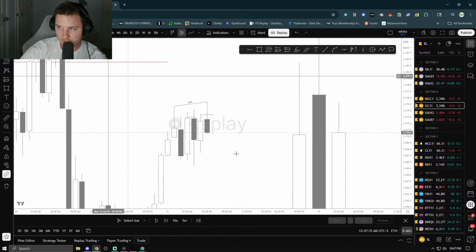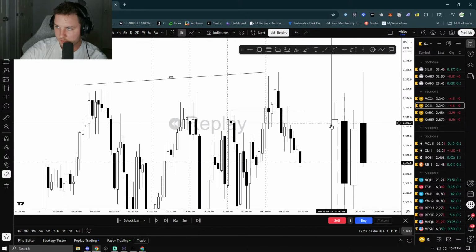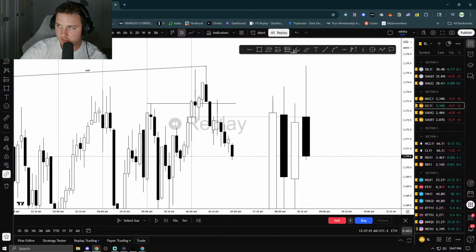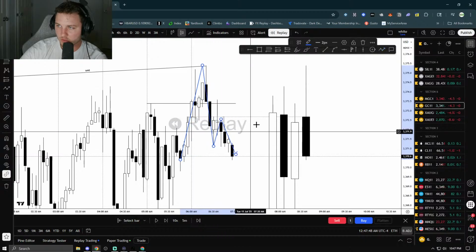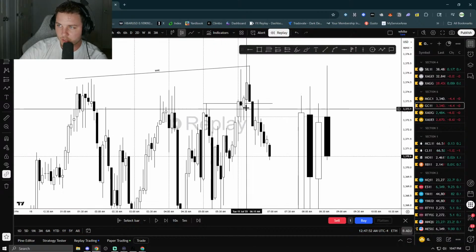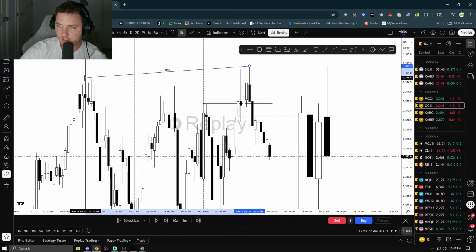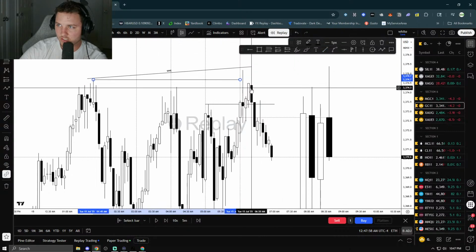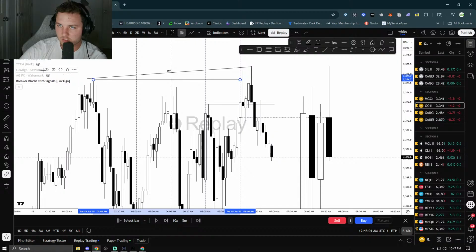Go to 5-minute. So we have expansion met with expansion to a pullback to continuation. Okay, cool. We see the reversal signature. This expansion's creating an SMT, sweeping what? Key levels. What is that? Session. Let's turn it on.